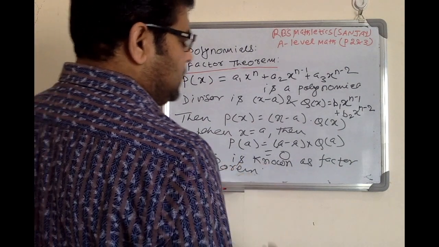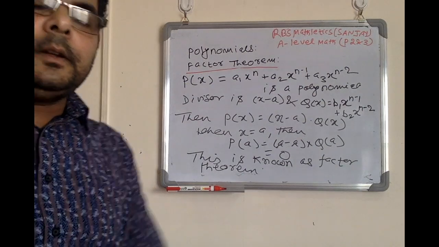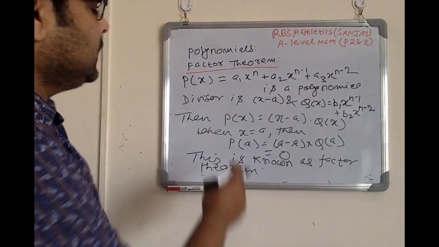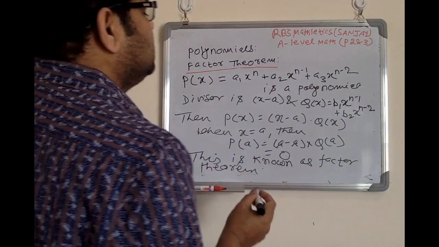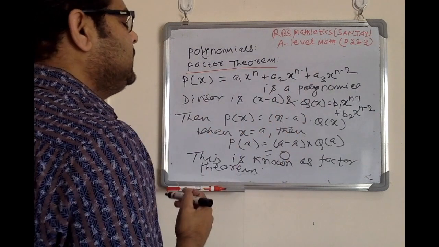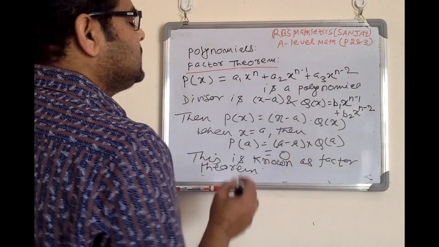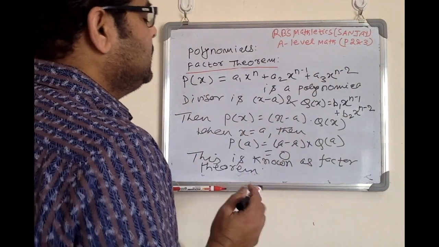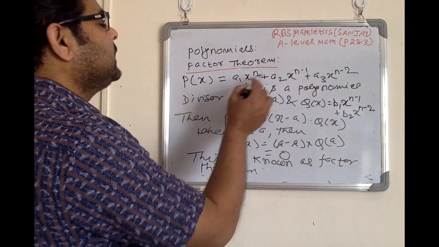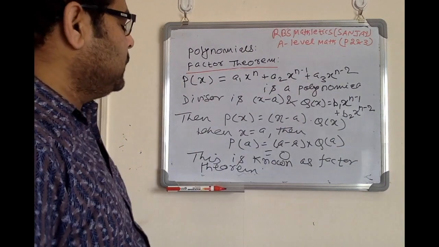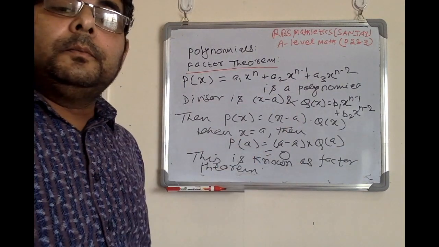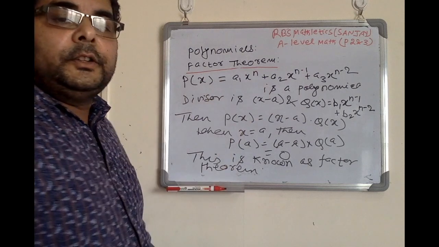Every time note that if the remainder is 0, the given number is going to divide the given polynomial completely, leaving no remainder. In that case, x minus a is a factor of the given polynomial, and therefore this sort of thing is called the factor theorem.